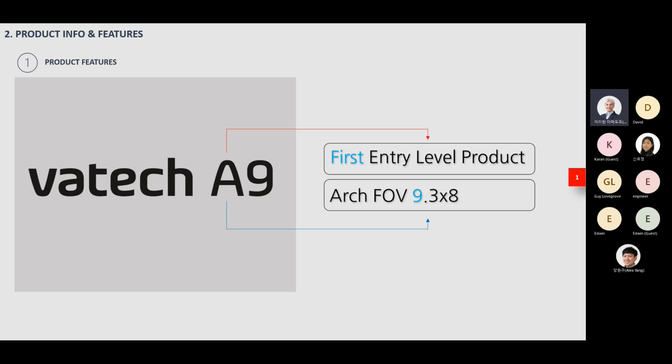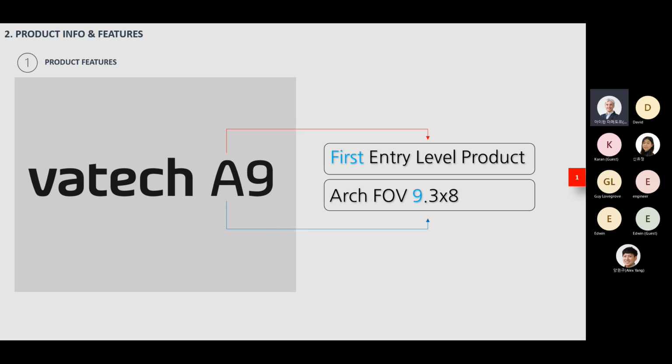Because it is an entry-level product but equipped with 3D functions, and because it's the first one, we chose the letter A as the first letter of the alphabet. And also it has the 8x8 FOV, but it also has the ARC FOV on the VATECH device. In ARC FOV, the FOV size is 9.3 by 8, and there is the number 9 in it. That's why we put the A9. So that's why it's called VATECH A9.